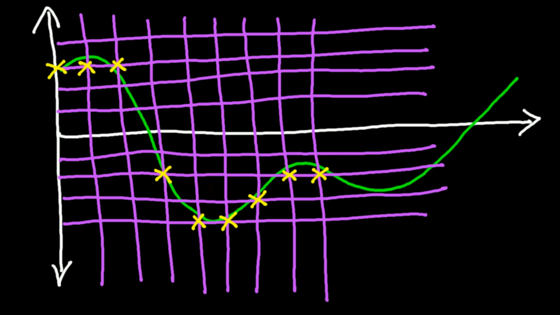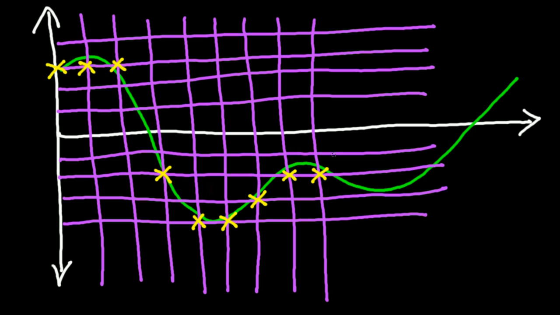This process of restricting the sample values to particular points in the vertical scale is called quantization. And quantization introduces a little bit of error. Aha! Every time we quantize a signal, we introduce error, and it's called quantization error.